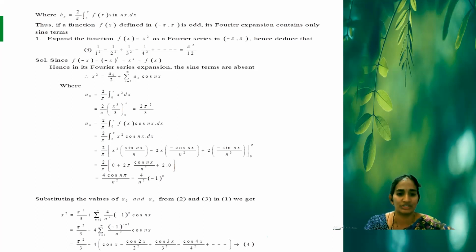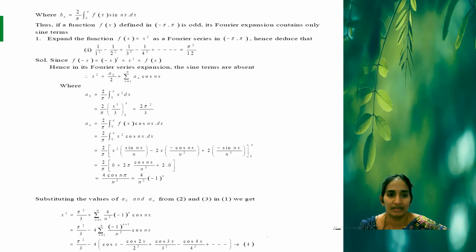We get the solution 4 cos n pi by n squared. You know the value of cos n pi, so it equals 4 by n squared into minus 1 whole power n. Now we substitute the values of a naught and an in equation 1.